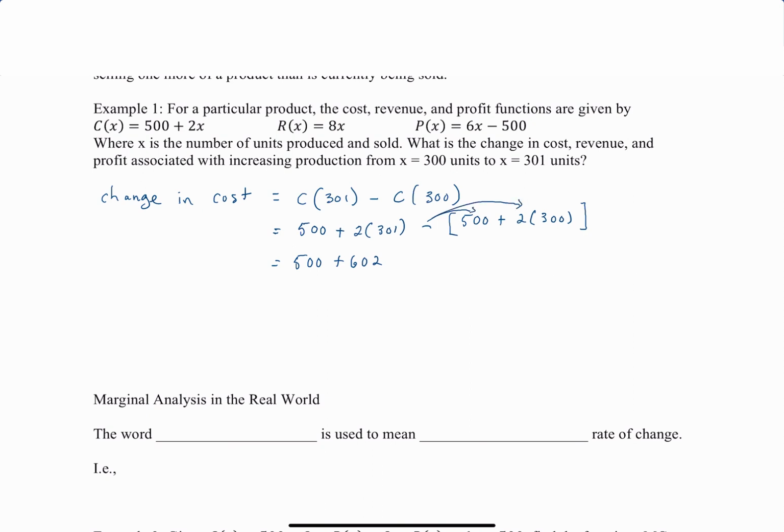So I have minus 500 minus 600. So let's see, the 500s are going to cancel, and 602 minus 600 is $2. So there's an increase in cost of $2 if you increase production from 300 to 301. So that's the idea of marginal cost.